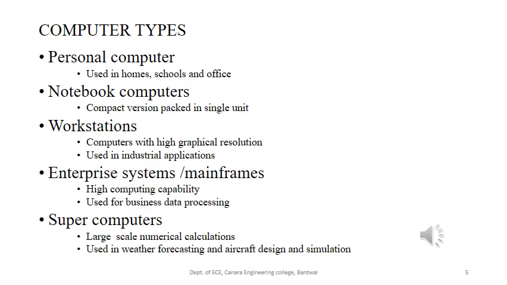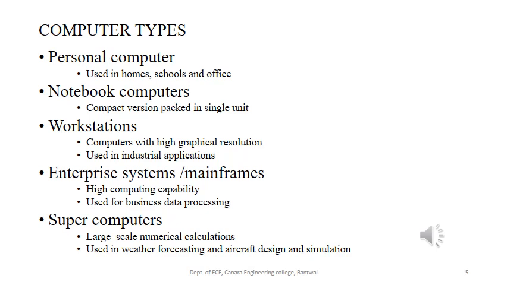The other two categories of computer types are the enterprise systems and the supercomputers. The enterprise systems have high computing capability and are used for business data processing, and they also behave as a server or a lower end server. They can be used where huge data transfer takes place.